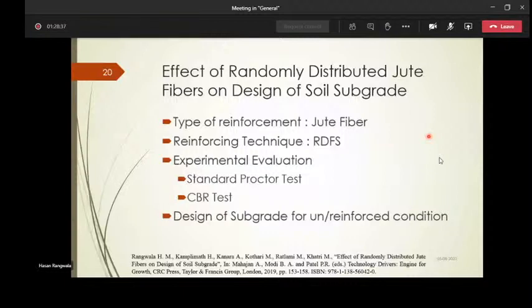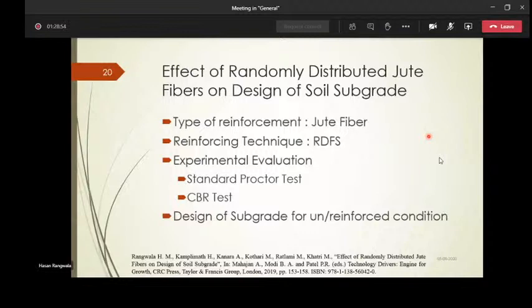So we will now go through these two research works. First is the effect of randomly distributed jute fiber on the design of subgrade soil or soil subgrade.